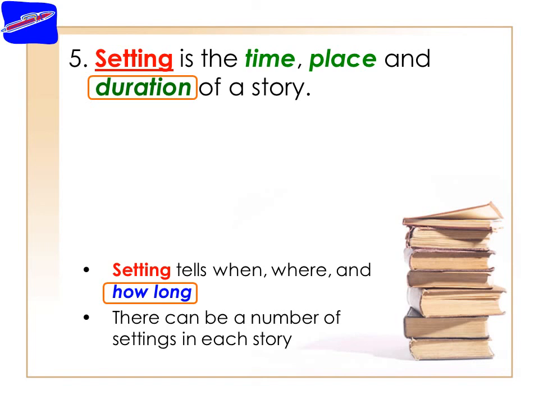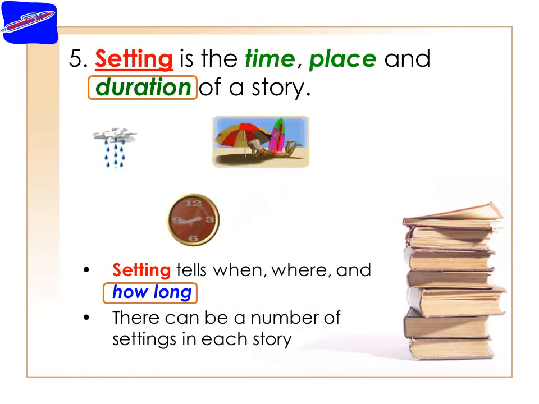In fact, it's not unheard of to have dozens or hundreds of different settings in a longer work of fiction like a novel or a play. So when you're asked what the setting is, you may have to identify more than one. Settings can be anything from rain and weather, any duration of time. It can be a place like the beach.